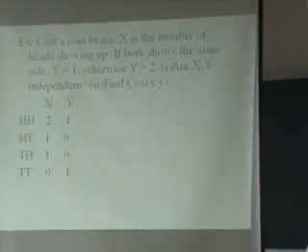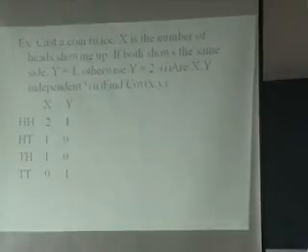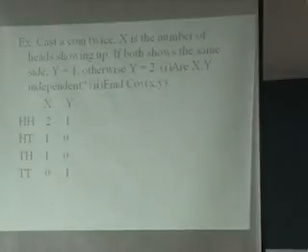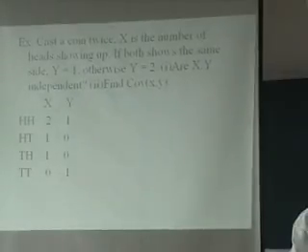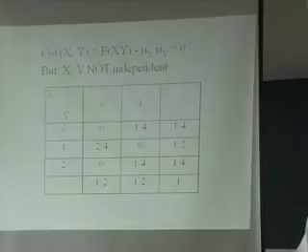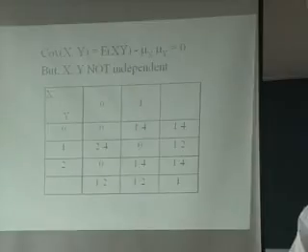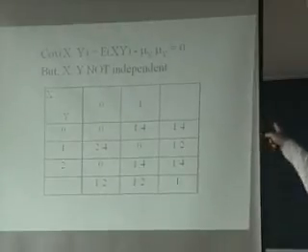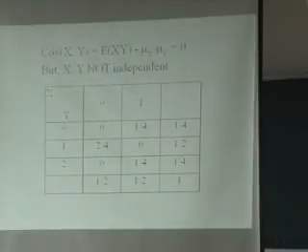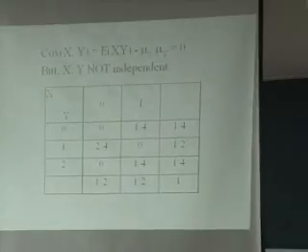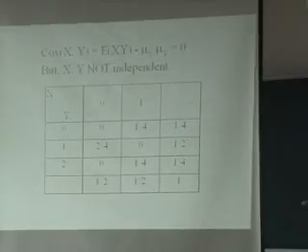Okay, so now we have two questions. The first question, are x and y independent? And the second question, you are required to find covariance of xy. Okay, look at here. So in this case, what do you get? Covariance xy is equal to expectation xy minus mu x mu y, but that is equal to 0.